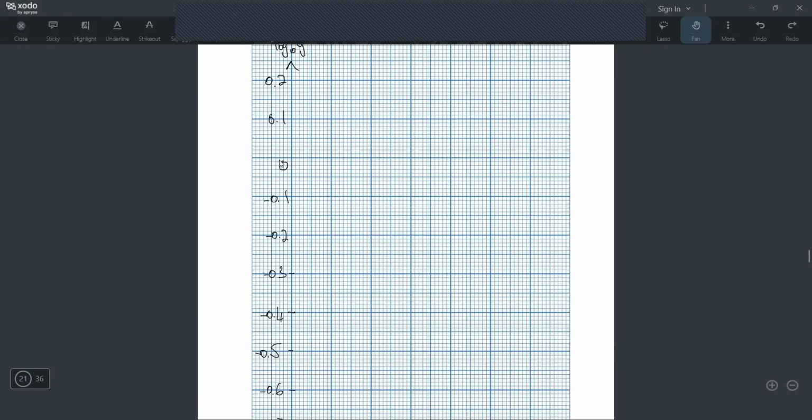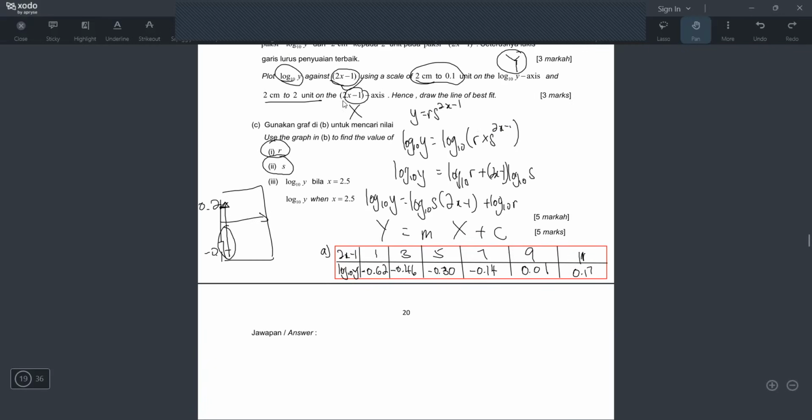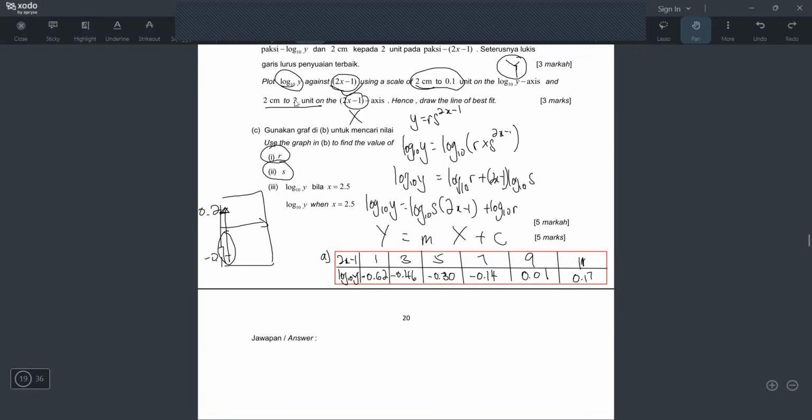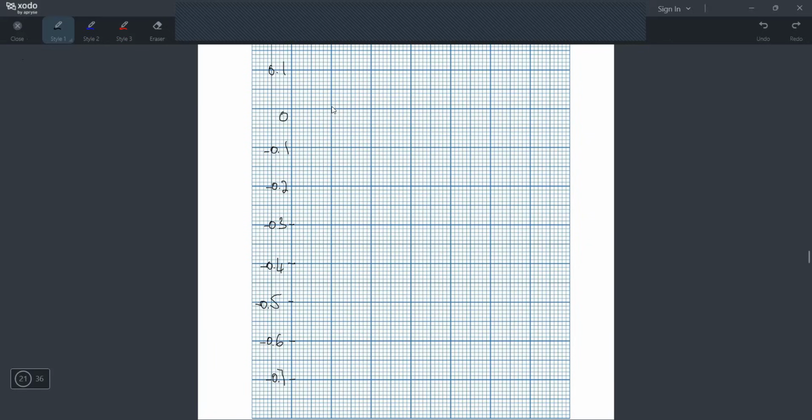And then now for my x-axis, what is the scale they want me to use? The scale they want me to use is 2 cm to 2 units. And then I have to go until 11. So it will be 2, 4, 6, 8, 10, 12. So I'll write here 2, 4, 6, 8, 10, 12.